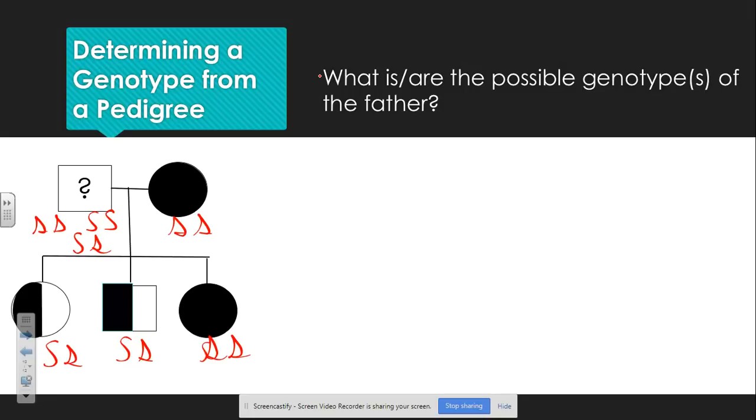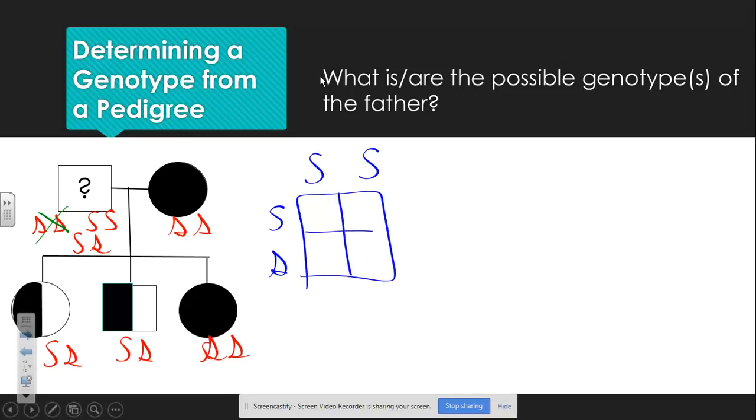So we can already eliminate one right now. If mom also had sickle cell disease, all the children would have sickle cell disease, just like our first example. Okay, so quickly I will do a cross for homozygous dominant.